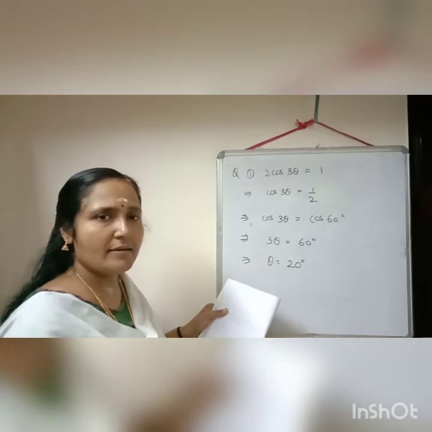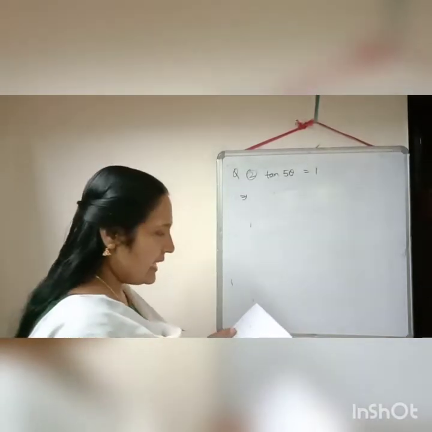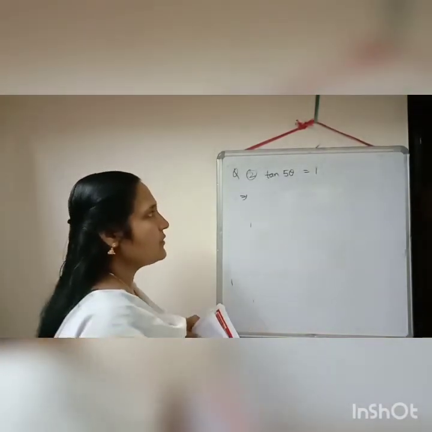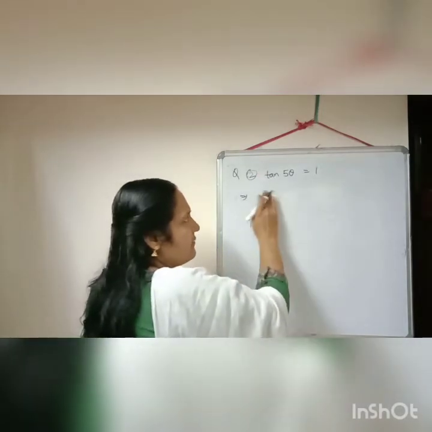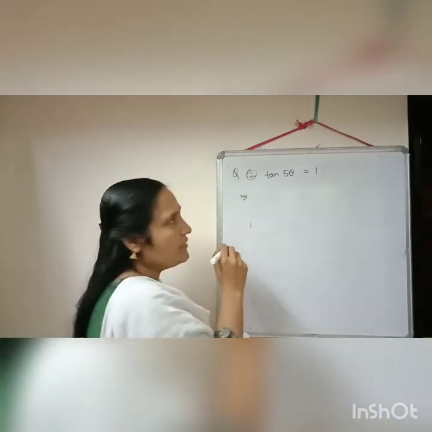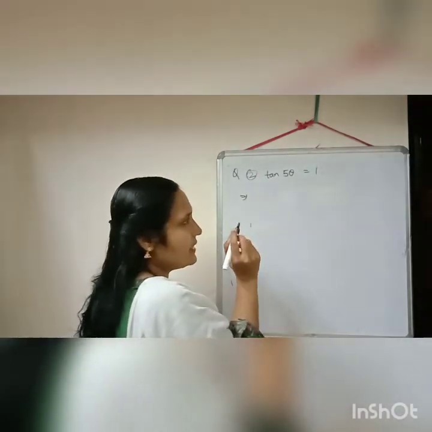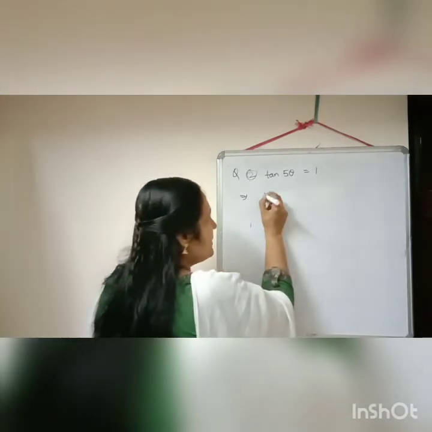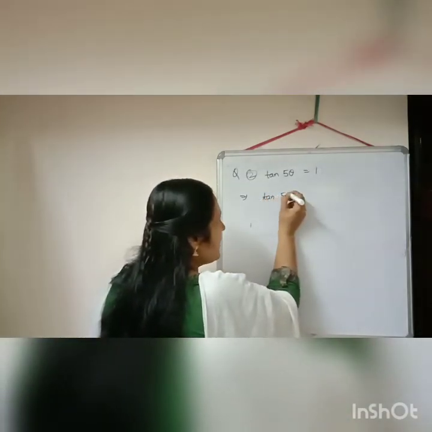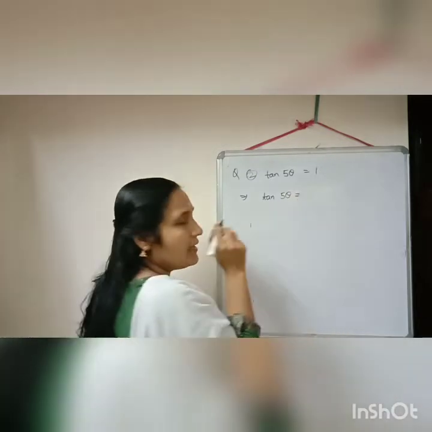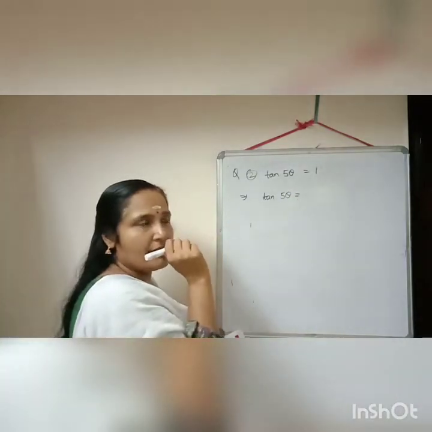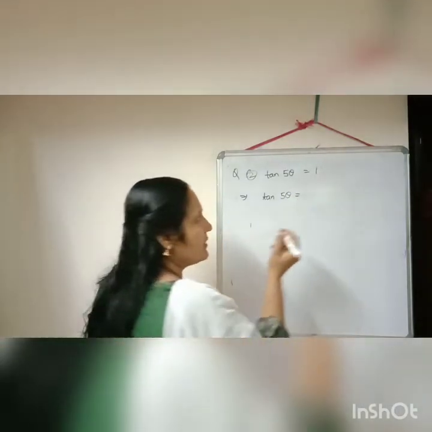Is this clear? Next one is tan 5 theta is equal to 1. Here in front of tan we don't have any other values, so we don't have to do anything on the left hand side. But on the right hand side you have to check that particular angle in which tan gives 1. Which angle? Correct, 45 degrees.